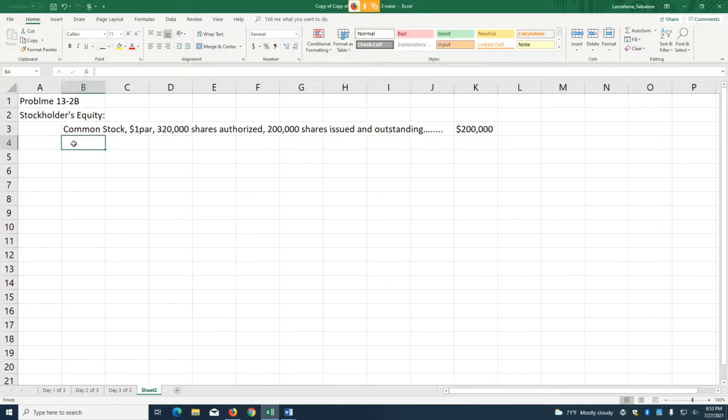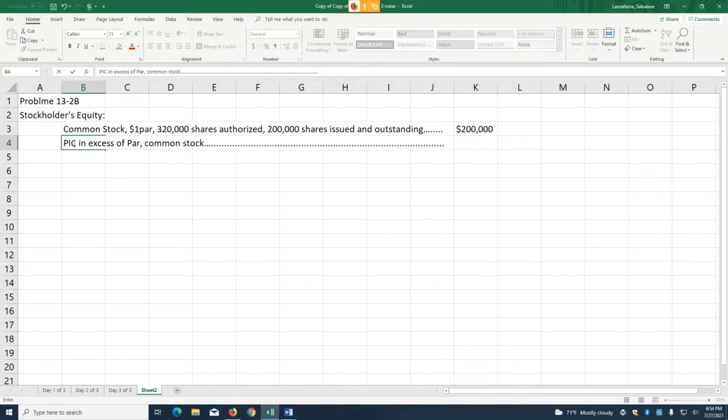Okay. They also have a paid-in capital in excess of par account. Thank you. And according to this, I'm so blind tonight.